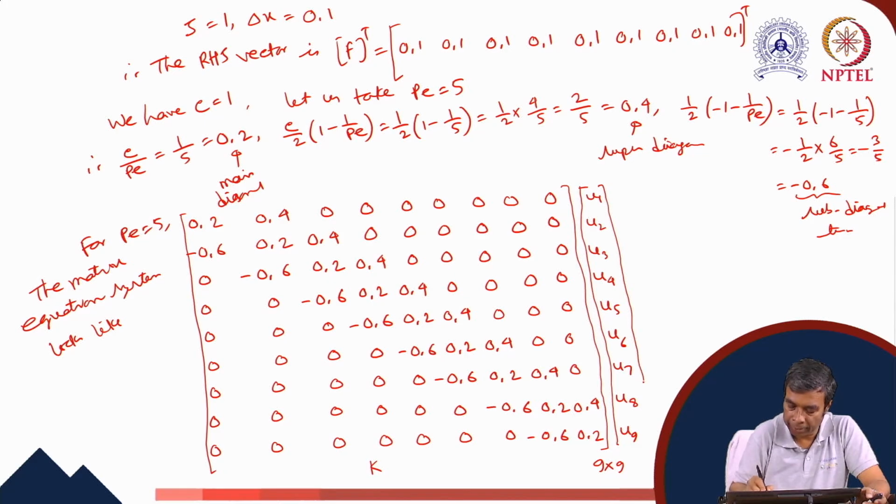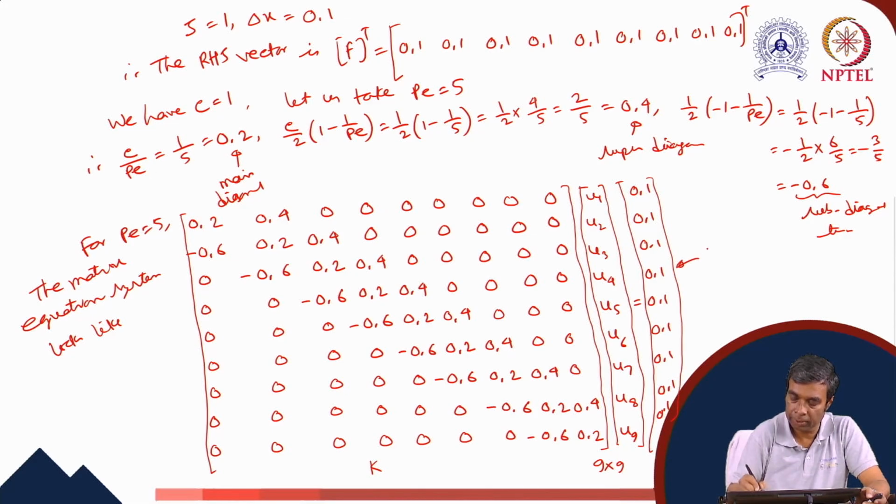Then our right hand side load vector was 0.1 for every term. So this is the load vector F.